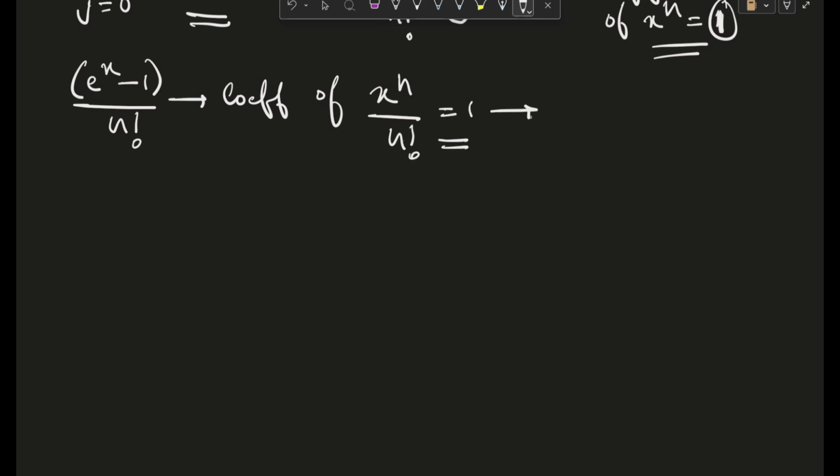If you want to know the name, don't go beyond your syllabus. Just for your knowledge, this is called S(n, n). This is something called Stirling numbers, but please don't go deep into this. This is outside your JEE syllabus. I'm just giving you a small introduction.